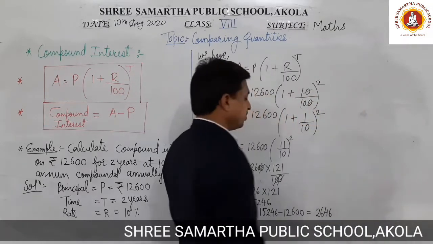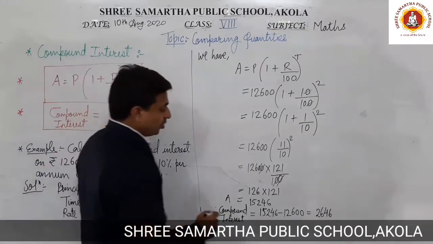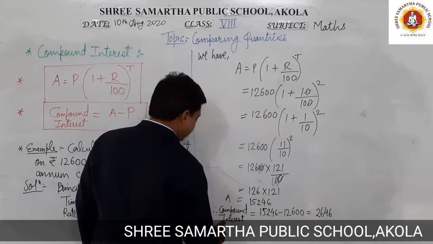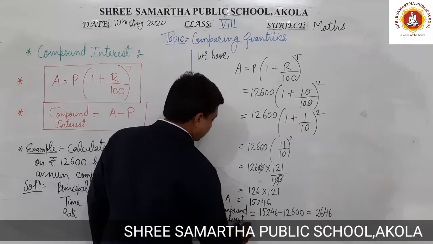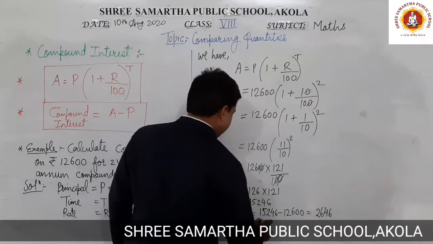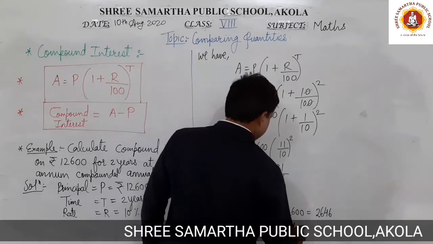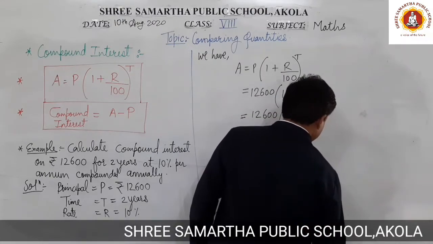So 2646. This will be the answer. That is the compound interest that we will get. Now therefore you can write down, therefore rupees 2646 is the compound interest for 2 years.